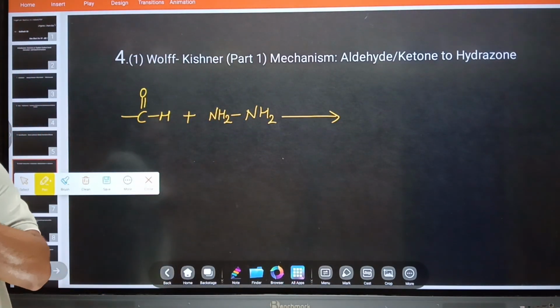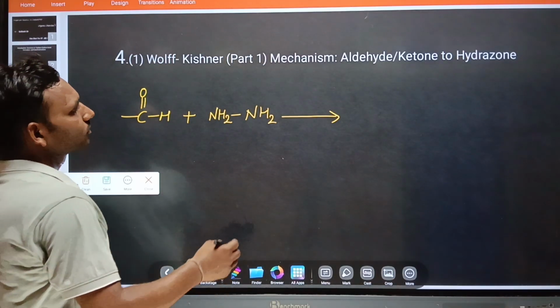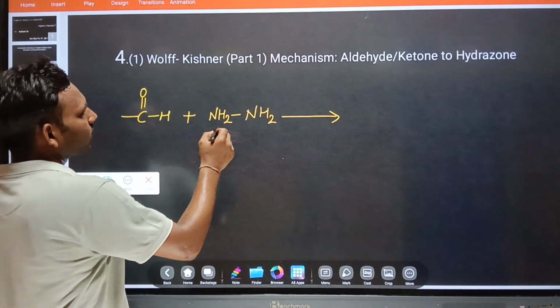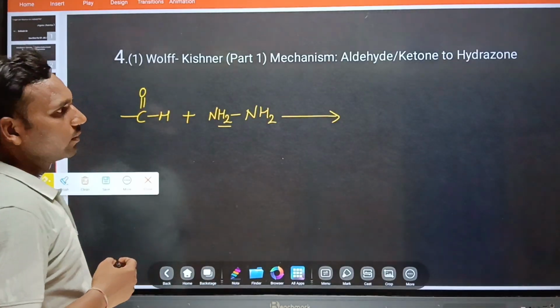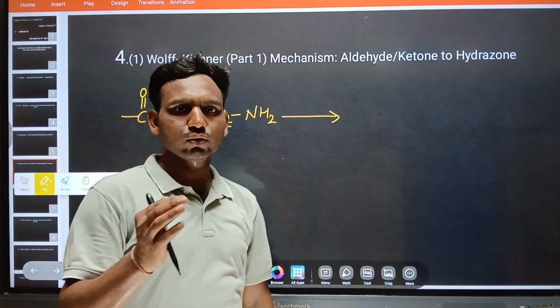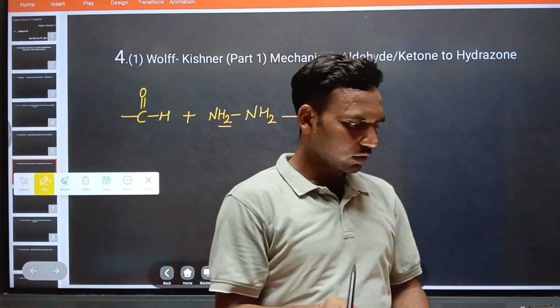Then it forms the hydrazone. And here they remove H2 from the hydrazine and the O means H2O, so the water molecule is removed.